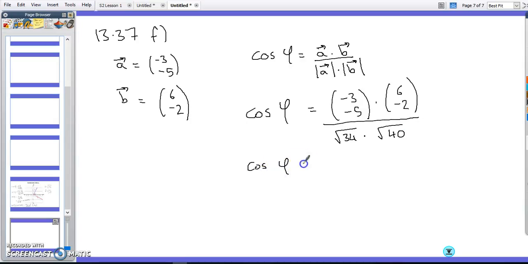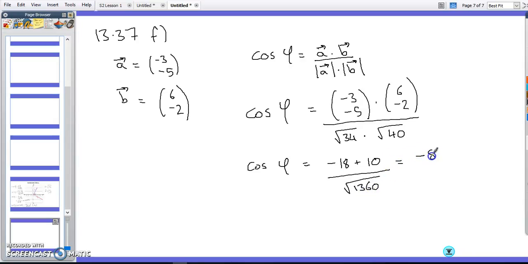So the cosine of my angle is -3 times 6, which gives me -18, plus -5 times -2, which is +10, all over the square root of 34 times the square root of 40, which is actually the square root altogether of 1360.